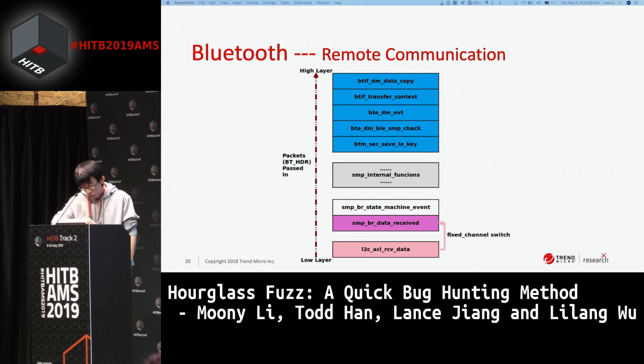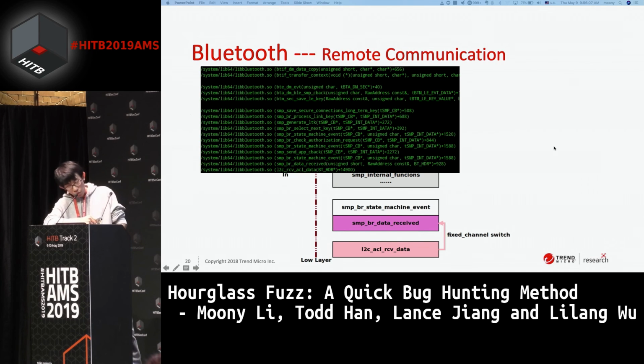This figure shows this. And also this figure shows you the call stack of processing the SMP packet. And because we use two Bluetooth Low Energy devices, it's the SMP BR data related function that processes the packet.